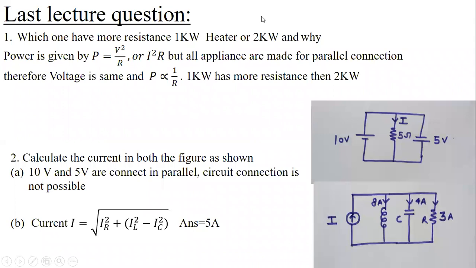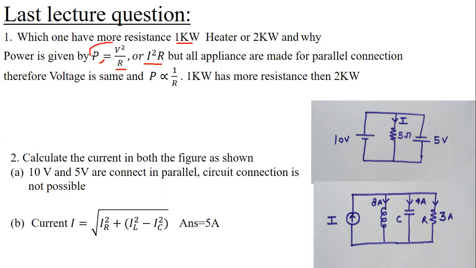So first, we discuss the last lecture's questions. The first question is, which one has more resistance, a 1 kilowatt heater or a 2 kilowatt heater? The power formula is P equal to V square upon R and I square R. But all home appliances are made for parallel connection, and in parallel connection, voltage remains constant.